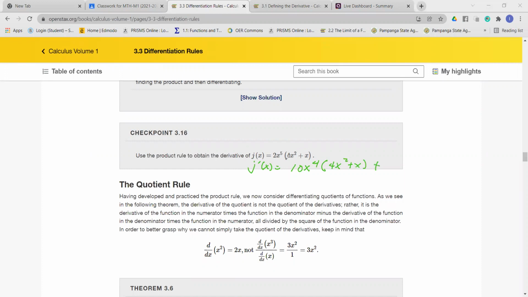Plus, derivative naman ng pangalawa. That is 8x plus 1 times yung first term, 2x to the fifth. So, that's it. So, this should be your answer. Now, it's up to you if you would like to expand this, then combine terms that are similar. Pero kung hindi naman hihingi na sitwasyon, then this will be enough already.